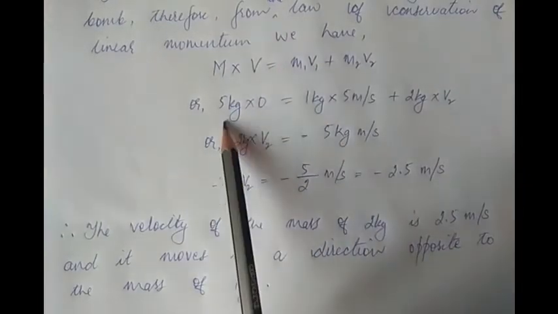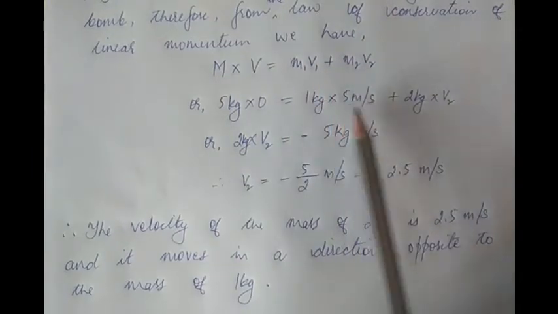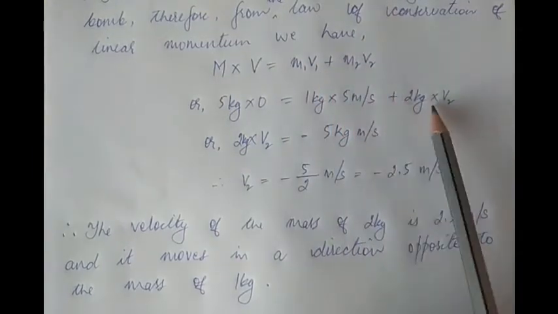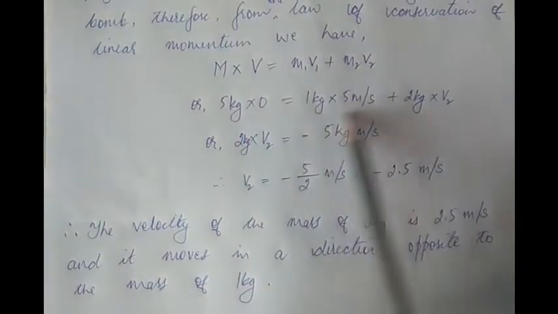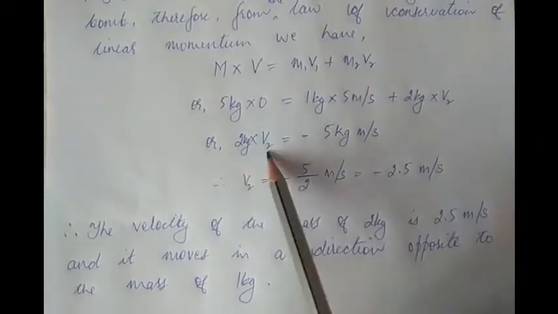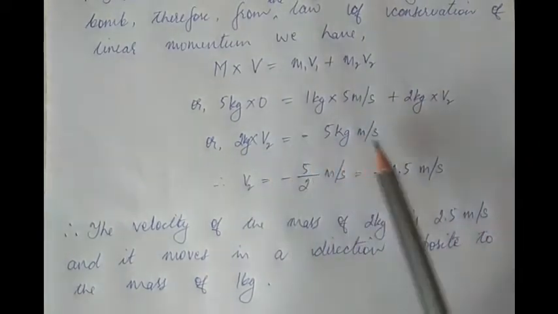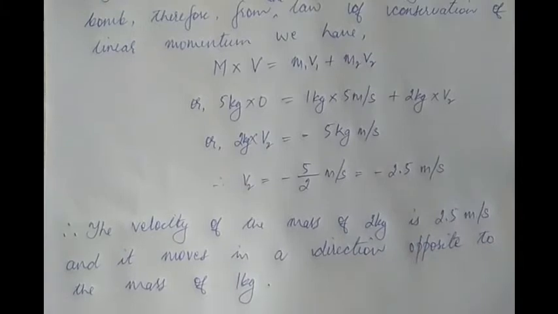So M is 3 kg, V is 0, so M1 is 1 kilogram into 5 meters per second plus 2 kilograms into V2. Since the left hand side is 0, we are taking this term to the other side, because of which we get 2 kg into V2 is equal to minus 5 kg meter per second. Thereby V2 is minus 5 by 2 meter per second, which is equal to minus 2.5 meters per second.